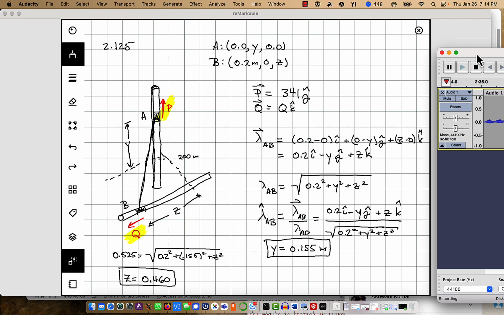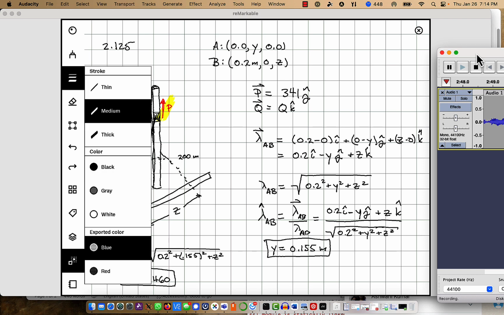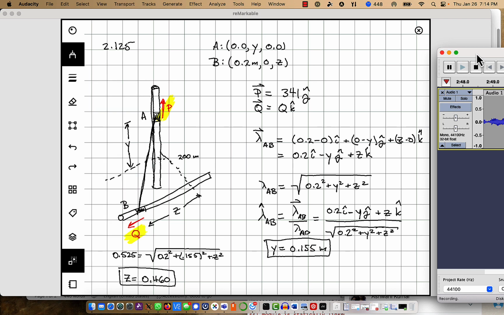Okay, so we need to define this lambda vector, and lambda vector goes from A to B. Let's pick a color here. Let's do blue. That's the lambda AB. Okay.